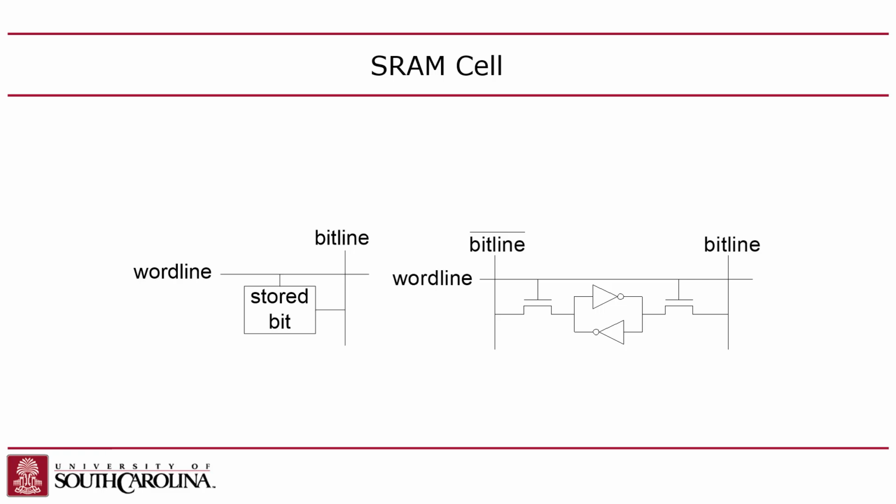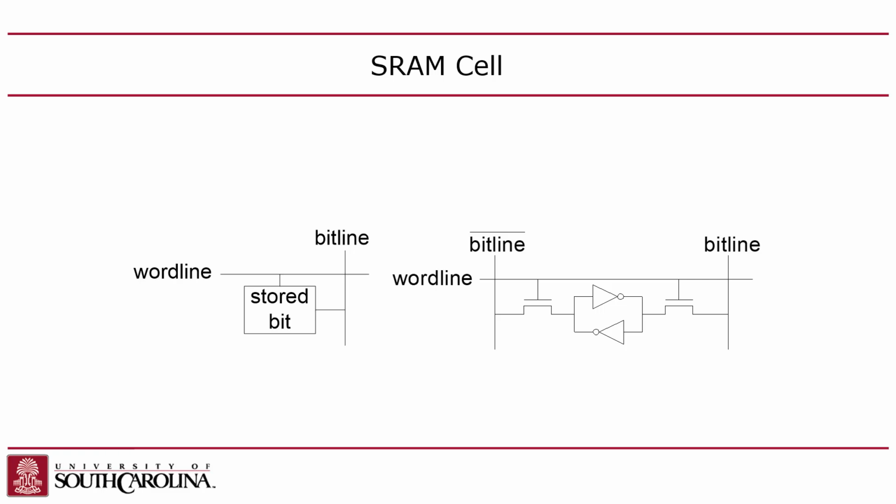You fabricate CMOS chips differently, so you can't have capacitors. So instead, you create two inverters that are cross-coupled. Makes sense? You've got one inverter feeding another in a loop. So this will capture a bit.